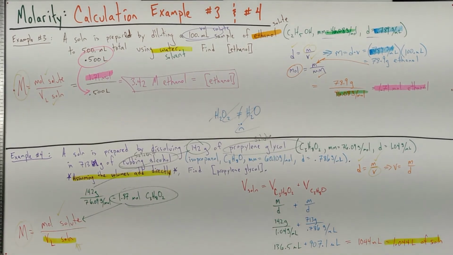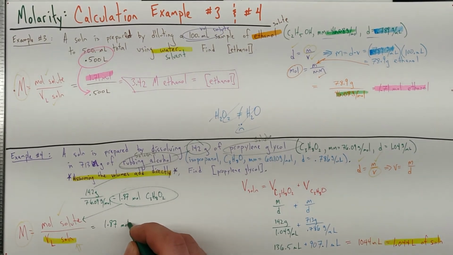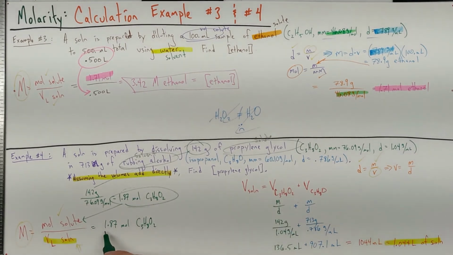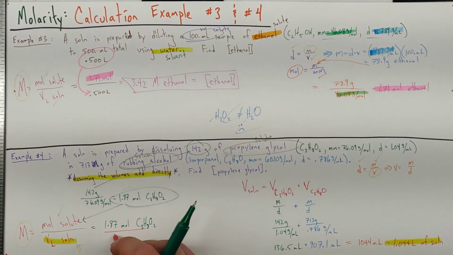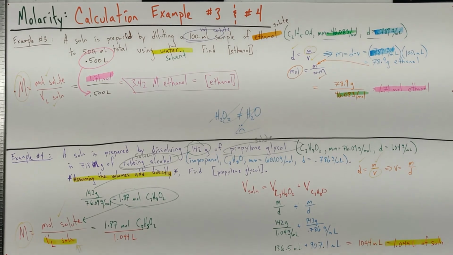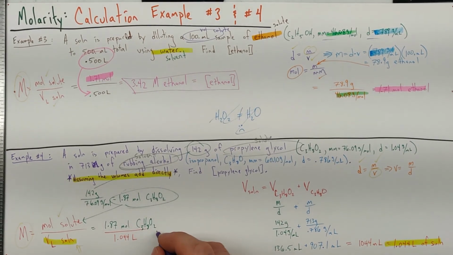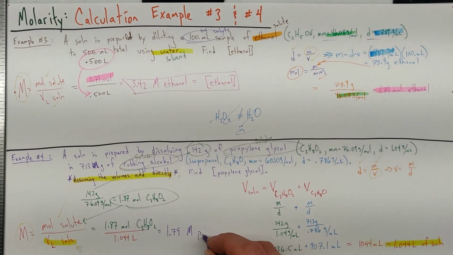1.044 liters of solution. Now we've got all the numbers we need. Our moles of our solute is 1.87, and again, our solute was that propylene glycol. Our volume in liters of the solution was that 1.044 liters. And when you divide 1.87 by 1.044, you end up with 1.79 molar propylene glycol.